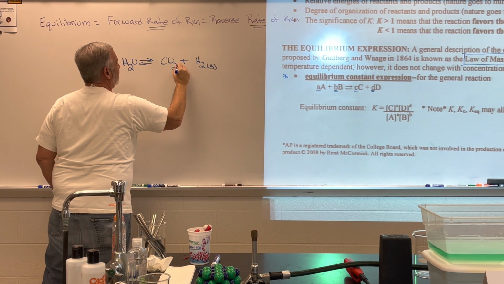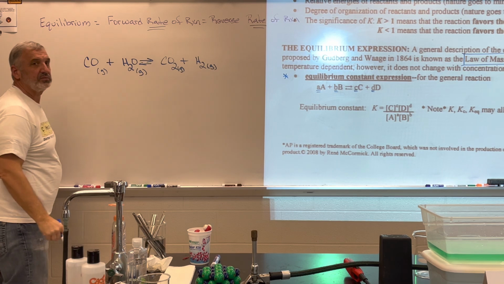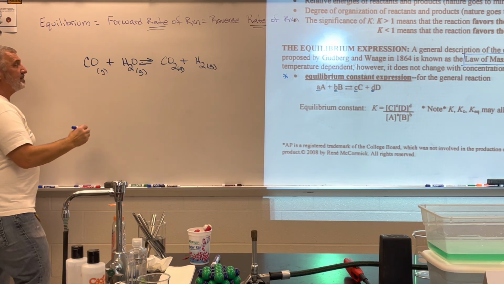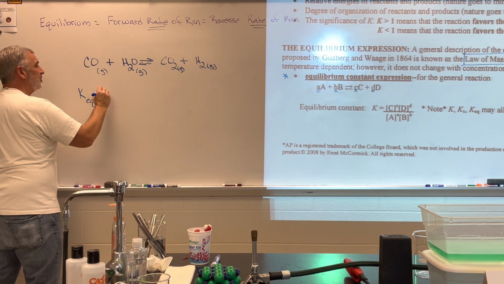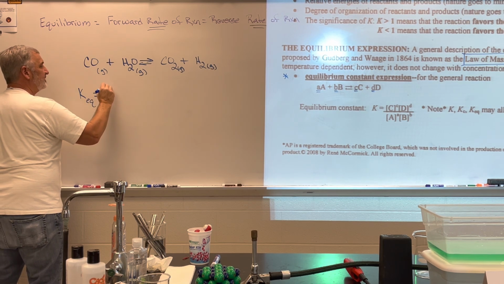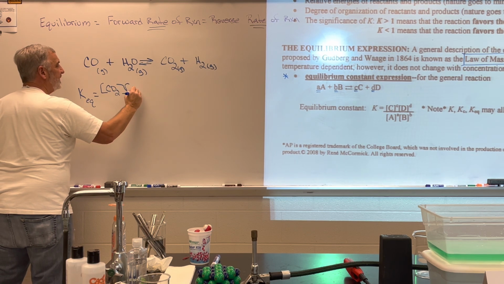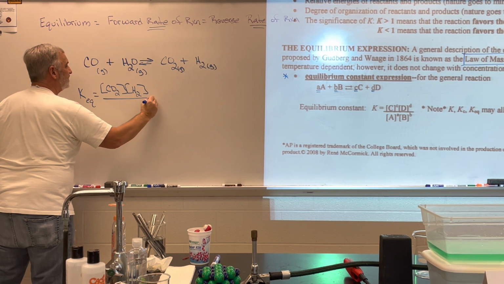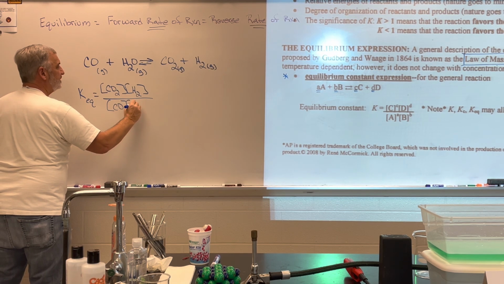Gas, gas, gas, and gas. All right? If I'm going to write my equilibrium expression, I'm going to say KEQ is going to equal the concentration of my CO2, raised to the first, times H2 raised to the first, over CO times H2O.